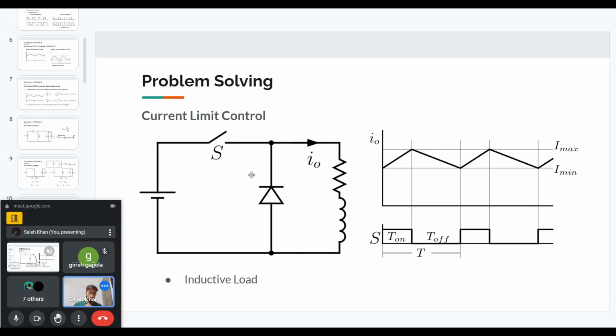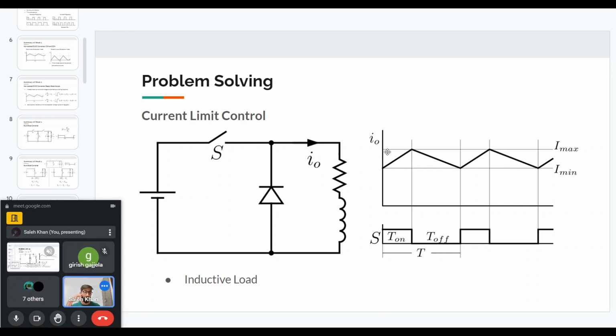And you can see when this switch is on, the input voltage will come across my load. And since it is an inductive load, because I'm applying a positive voltage across my load, the inductor current through the load will rise. So the output current will basically rise.